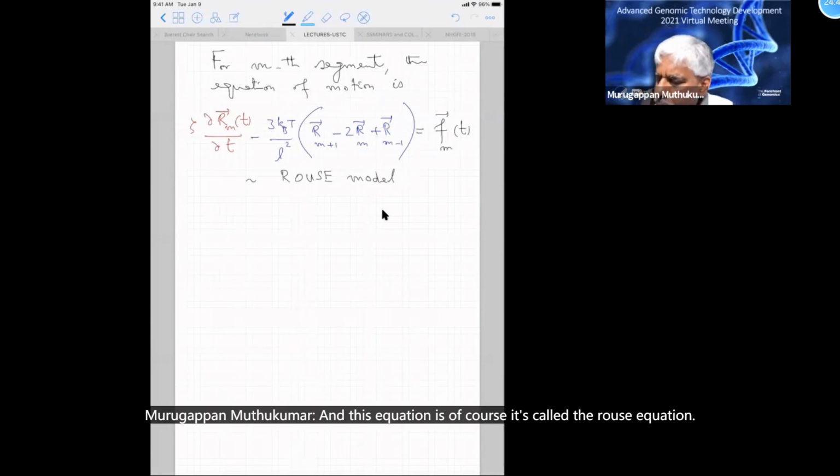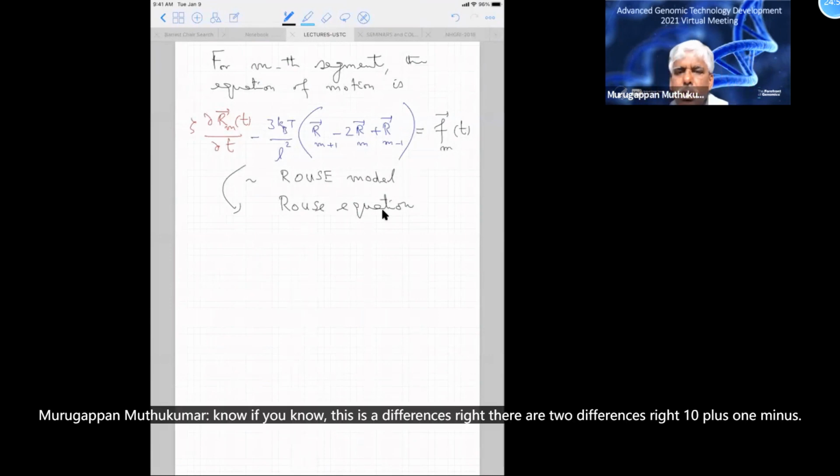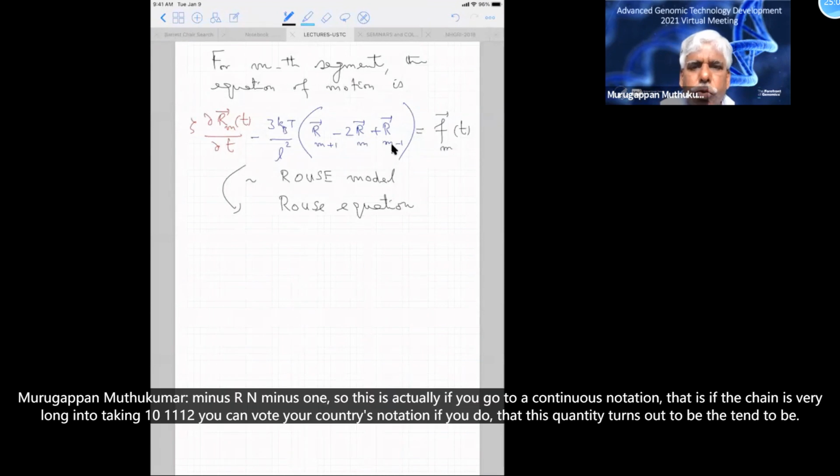And this equation is, of course, called the Rouse equation. Now, there are two differences here: R m plus 1 minus R m, minus R m minus R m minus 1.